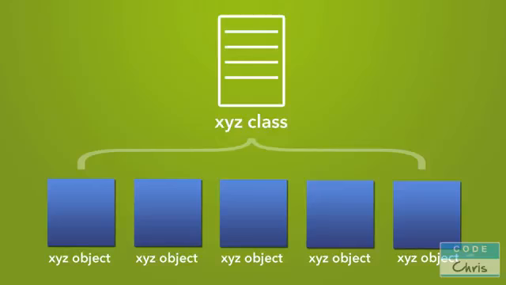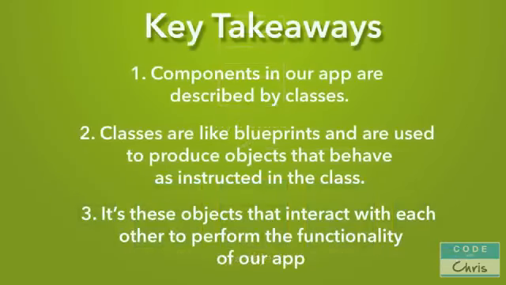You only need to create a single class that describes the enemy's behavior, and then use that class to create multiple enemy objects to throw at the player. So the key takeaway at this point is that the components in our app are described by classes. Classes are like blueprints that are used to produce objects that act and behave as described in the class. And it's these objects that interact with each other to perform the duties of our app.